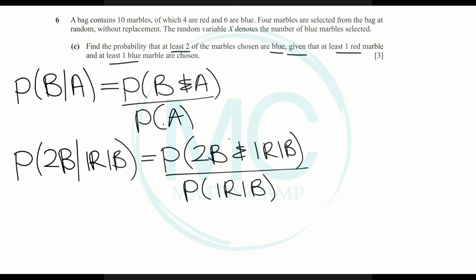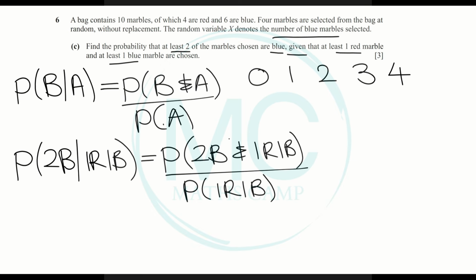So in this case, let's find the probability that at least 1 marble is red and 1 marble is blue. Always keep in mind that statistics is realistic. It is a real life situation. And in this question, we have been looking at the possible number of blue marbles. And we looked at no blue marbles, 1, 2, 3, and all 4 blue marbles. In this question, we need to consider at least 1 red marble and at least 1 blue marble.